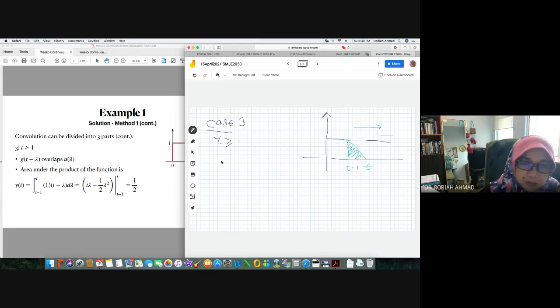Okay, so to get the value of y, it will always be from t minus 1 to t, because we look based on this overlapping diagram.